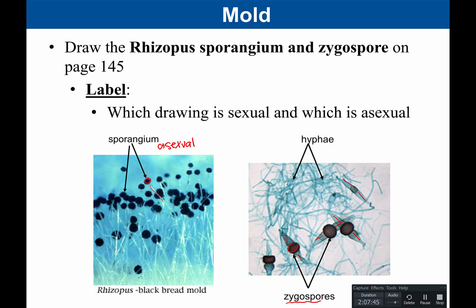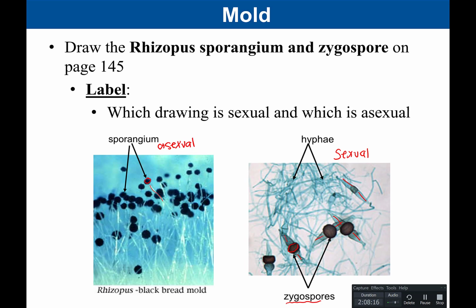So zygospores are sexual reproduction for rhizopus, meaning that these two hyphae come together to reproduce in this zygospore. And within the spore are going to be the reproductive cells, but that is going to be sexual reproduction.